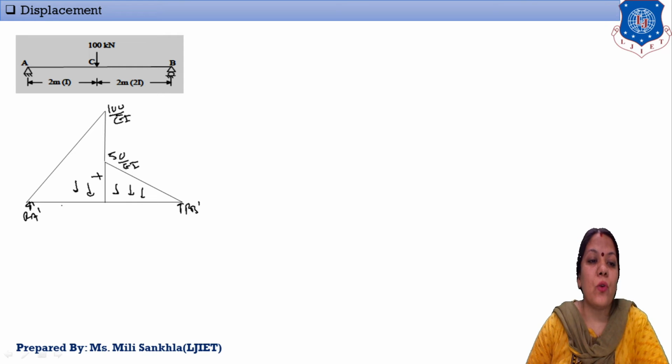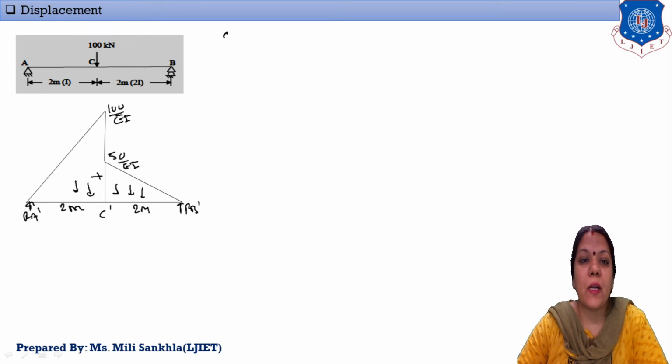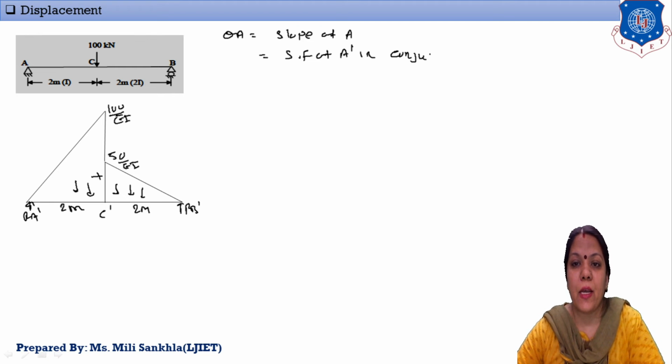Now 2 meter distance, and here is also 2 meter distance, and the middle point is C dash. Now first of all theta A. What is theta A? Theta A is equal to slope at A, which is equal to SF at A dash in the conjugate beam.